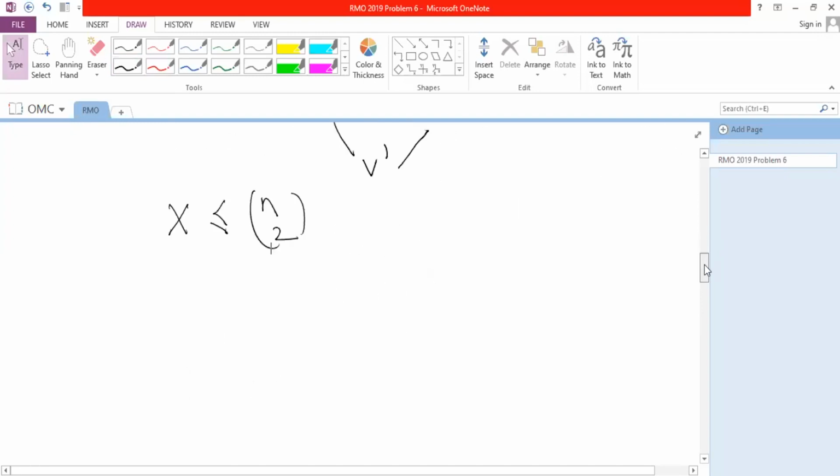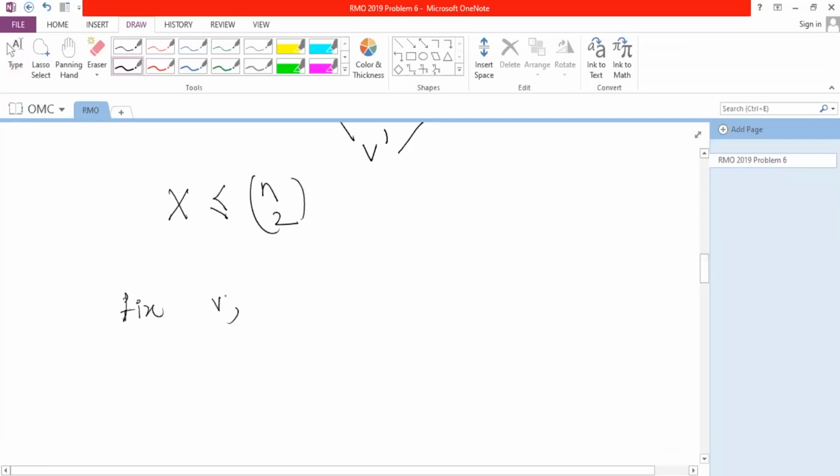Now we try to count x in a different way. We count x by fixing v. Last time we fixed u and w, now we fix v. For a fixed v, we want to count the number of u, w such that they are both connected to v. The number of vertices connected to v is the degree of v.